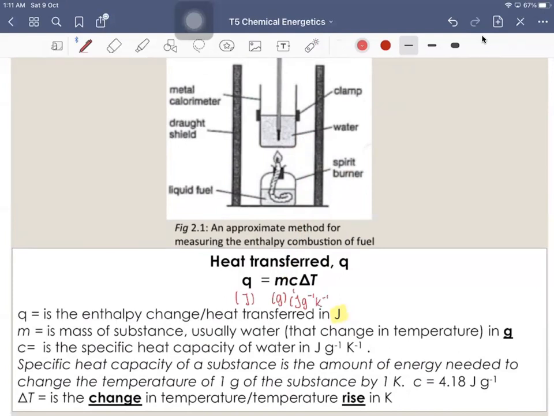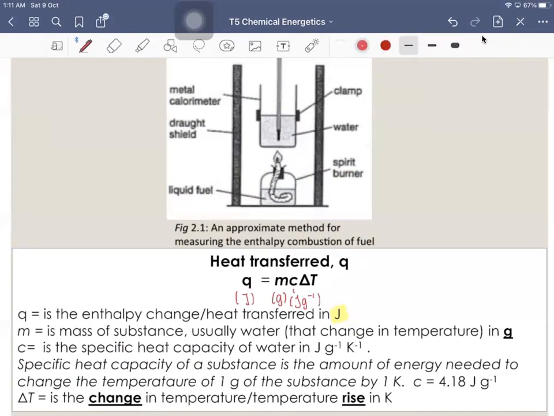By definition, specific heat capacity of a substance is the amount of energy needed to change the temperature of 1 gram of the substance by 1 K. Okay, so joules per gram per Kelvin. But sometimes, oh, I think I know why. Sorry about that. It doesn't have a unit, okay?